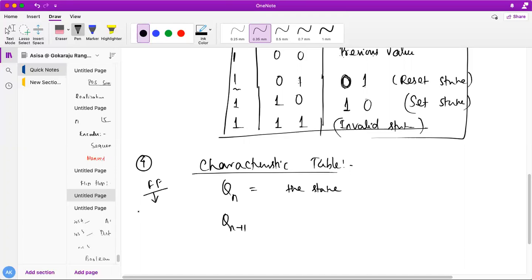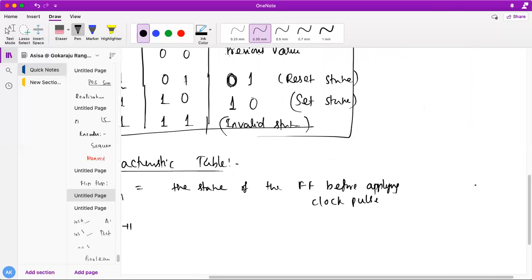What is Qn? The state of the flip-flop before applying the clock pulse is called the present state, or Qn. Understand, students?